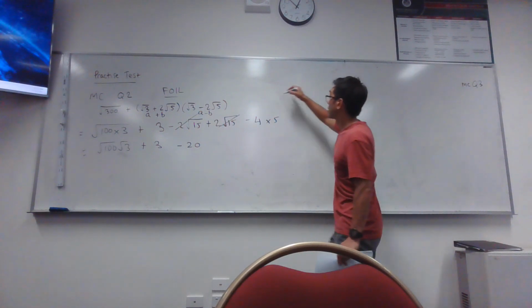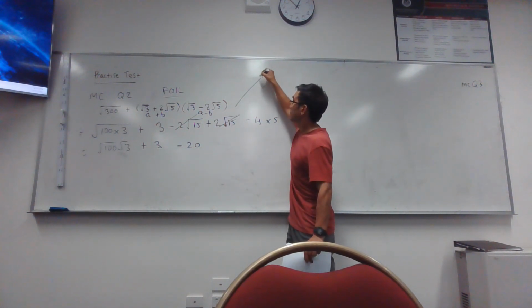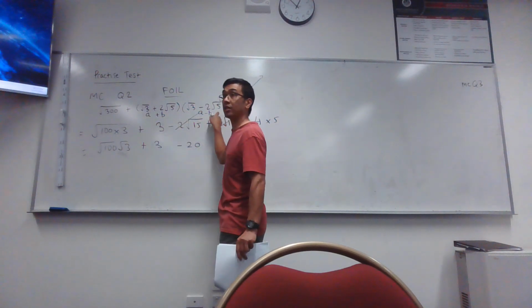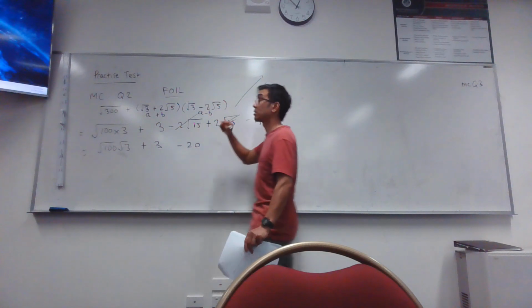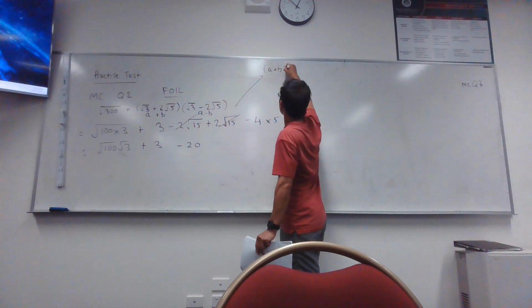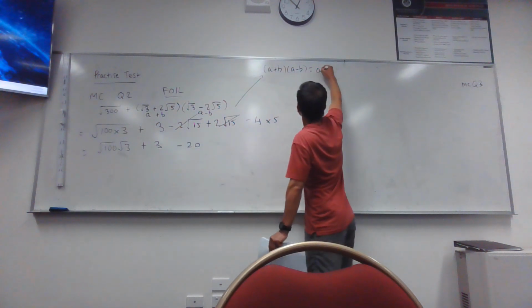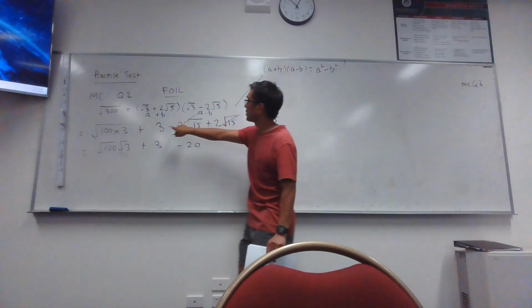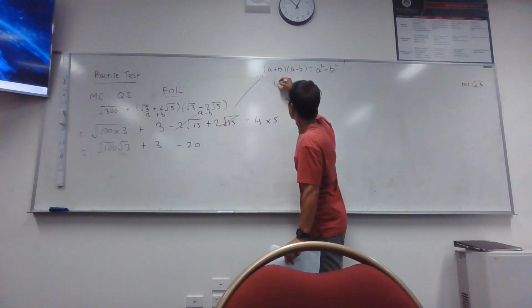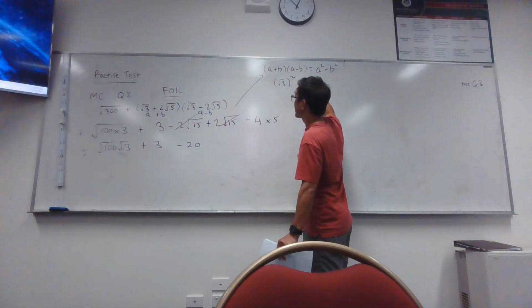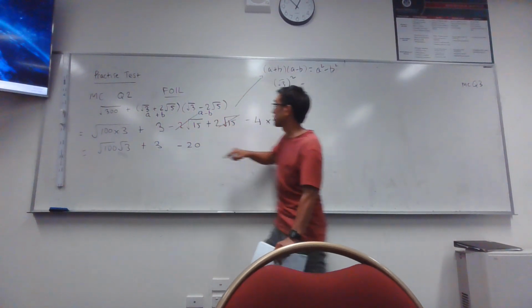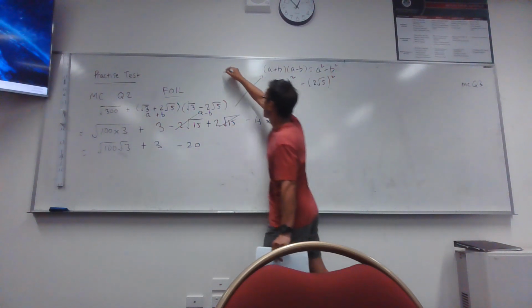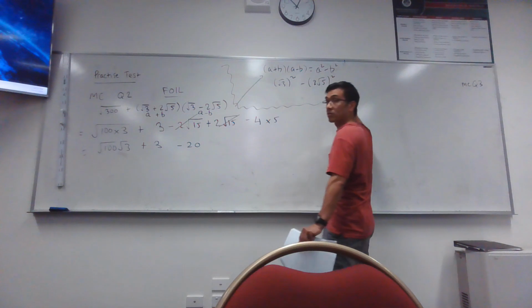Difference of perfect squares. So as a shortcut, if I can see A is repeated and B is repeated, one's a plus and a minus, we know that it goes down to a squared minus b squared. So really, the a is going to get squared, and we're going to take away the b, the b is going to get squared. The whole thing, this is a separate root.